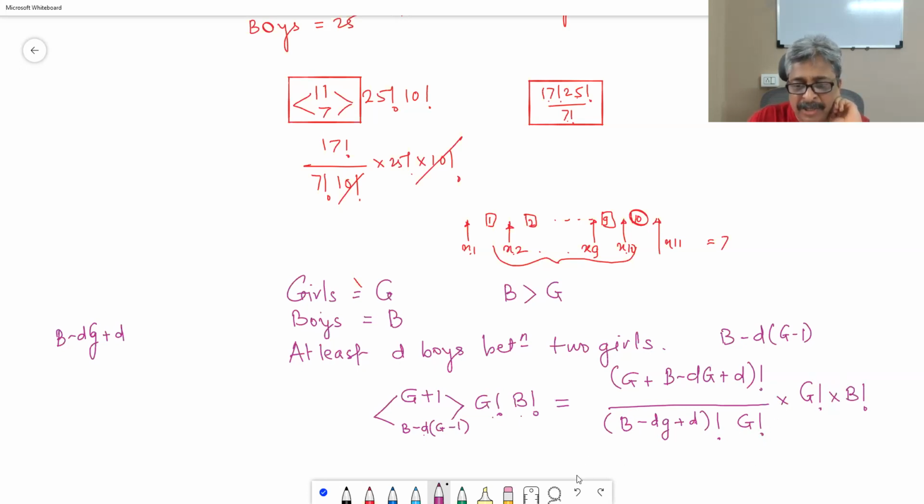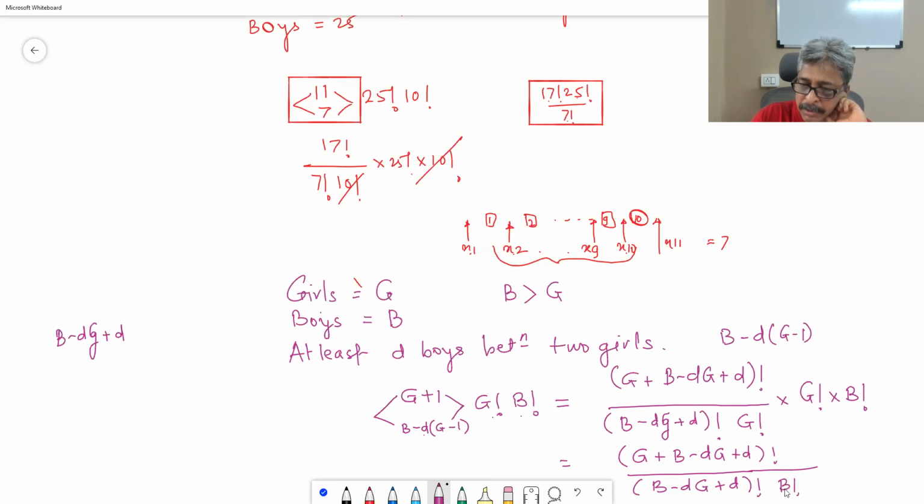G factorial gets cancelled, and that is what your answer is. G plus B minus DG plus D factorial divided by B minus DG plus D factorial divided by B factorial. That is the generalization.